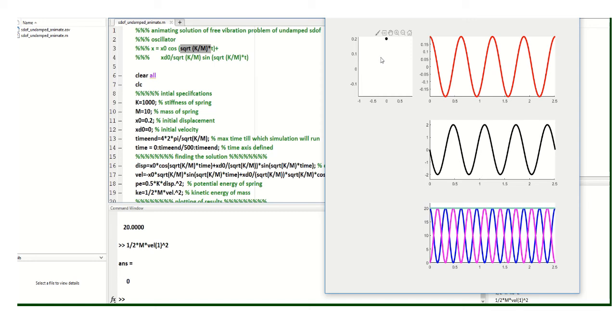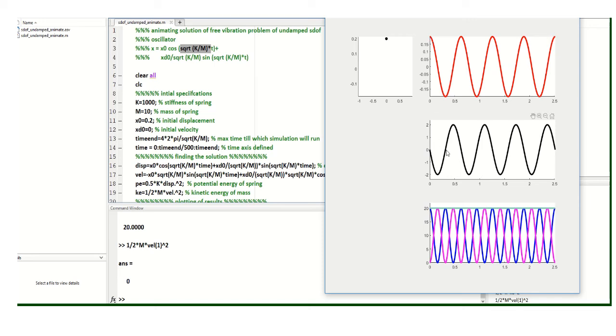Similarly, when the mass particle goes to this extremity, either this one or the other extremity, at that time it doesn't have any velocity. So when displacement is at an extremity, there is no velocity. In the beginning there is no velocity over here, and displacement is at its maximum.